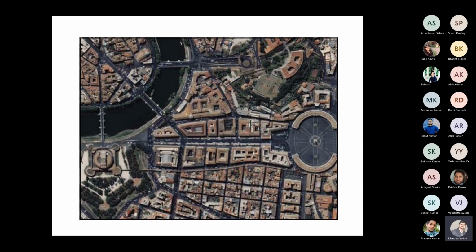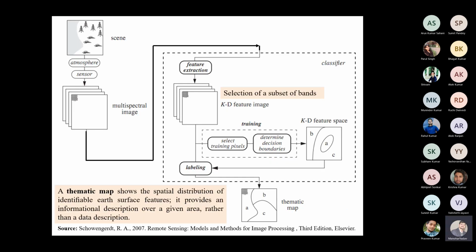In image classification, the input image representation is in 8-bit, but once you generate a classified image, it is represented in terms of thematic maps. So one feature is represented by one color.